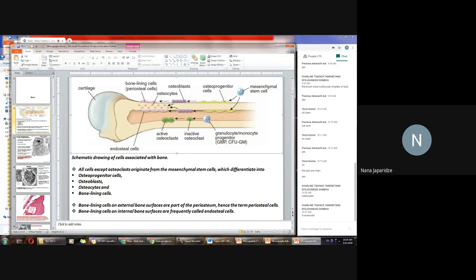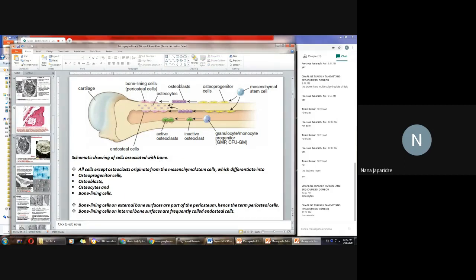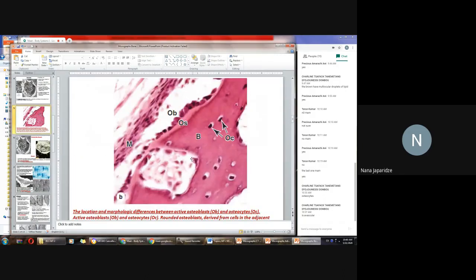Actually, the bone growing process includes osteogenesis plus remodeling of the bone tissue. In osteogenesis, we have two main types: one is endochondral and another one is intramembranous. So what happens when we have intramembranous osteogenesis? We have a dense layer of mesenchyme.